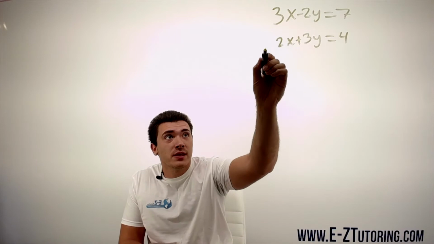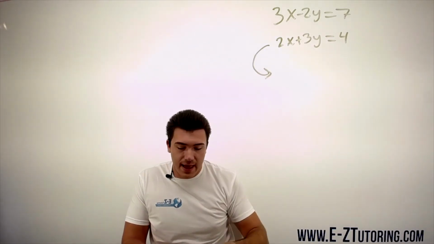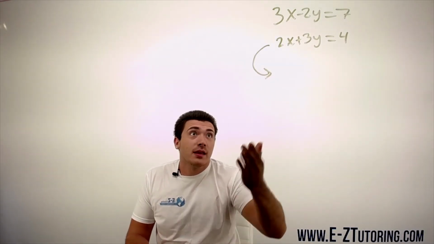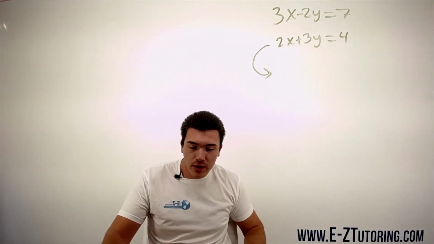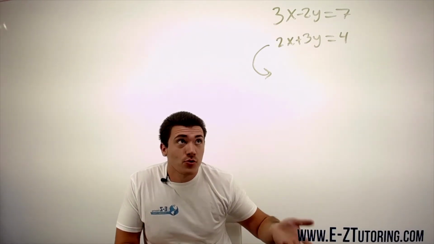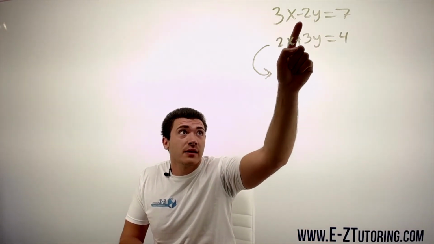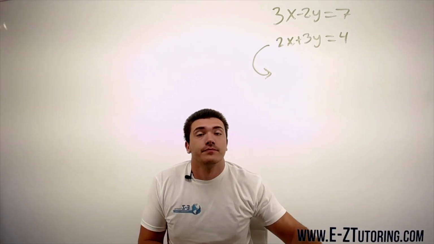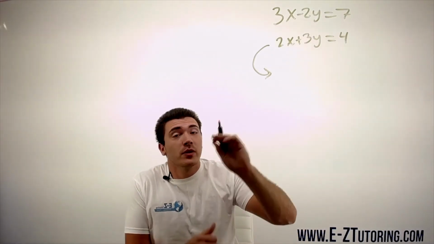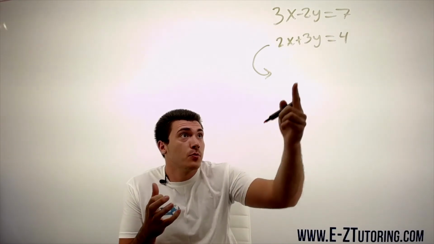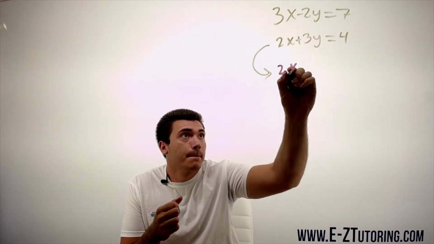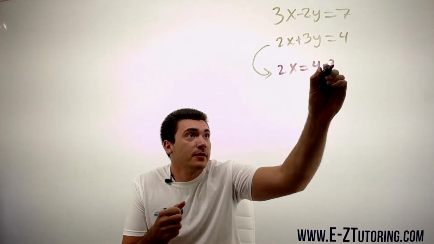It doesn't matter what you choose. Let's say I choose this one, and let's say I choose x, which means I will solve for x from this equation. Could have chosen y, could have chosen this x, could have chosen that y, doesn't matter. Anyways, if we want to solve for x here, we'll do some simple algebra. Move the 3y over. 4 minus 3y.